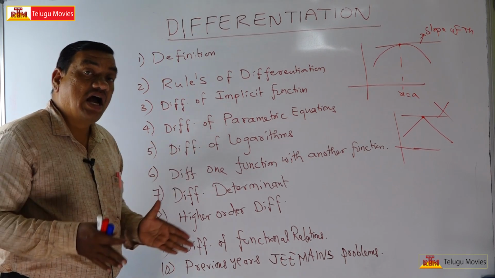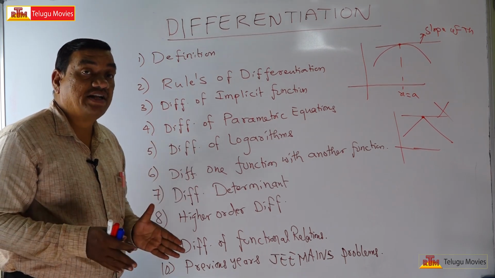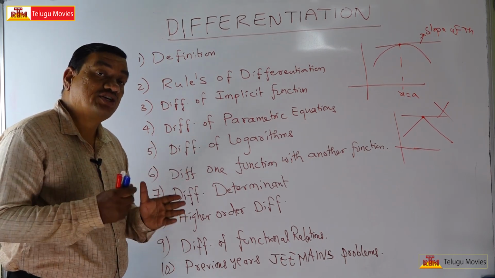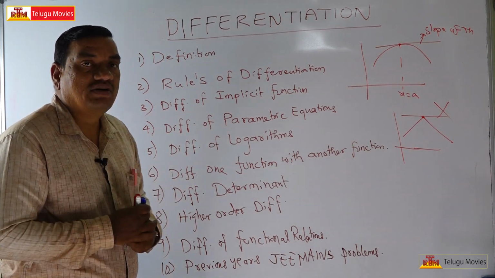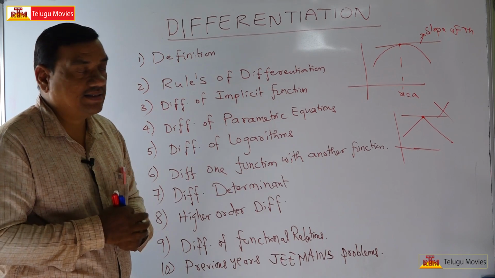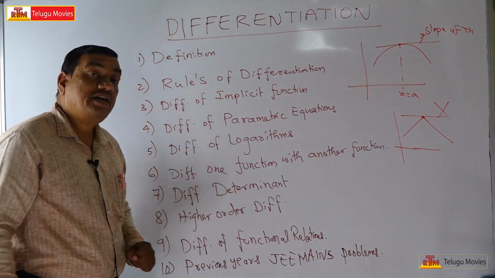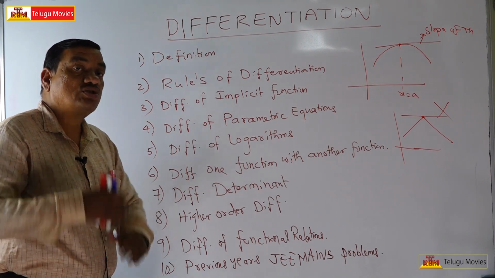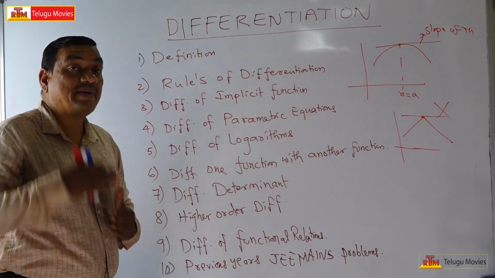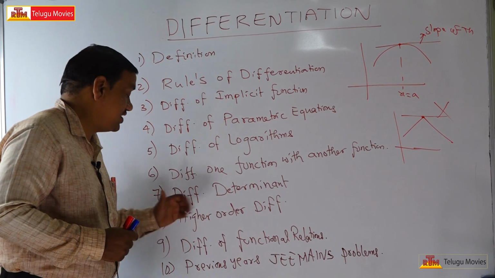In matrices we will have 3 by 3 and 2 by 2 matrices. If the elements of a matrix are functions of x, how do we find the derivative of that matrix? Next, higher order differentiation: second order, third order, fourth order, some nth order.